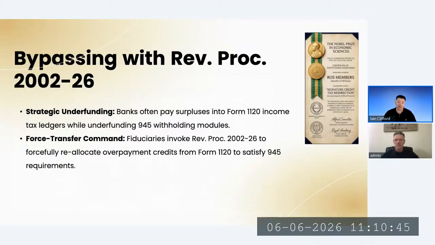Everything, all the taxes should all be paid on the 945 tax module, but the banks don't want to pay large amounts on the 945 tax modules because it may give away that they are debtors, not creditors. So they underfund them, but the holder in due course standing of the foreign grantor trust can compel and command the IRS to move the taxes onto that module, which is the bank's smoking gun.